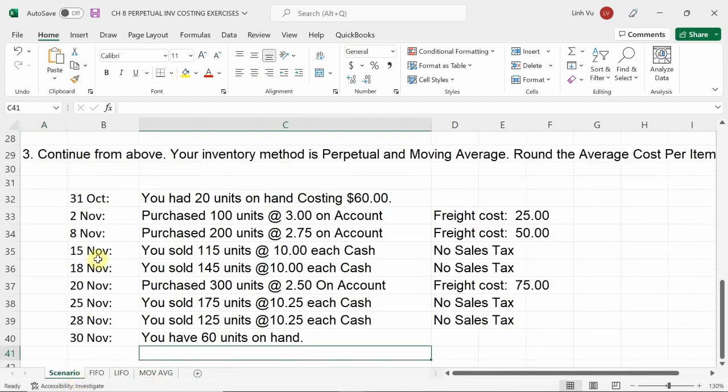So let's see what happened first. November 2nd, we end up purchasing 100 units for $3 each with a freight of $25.